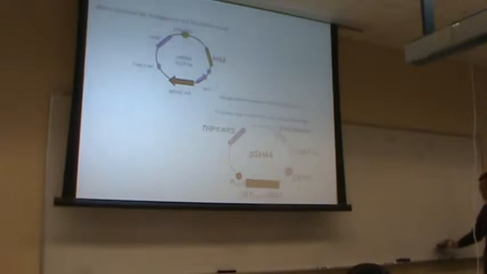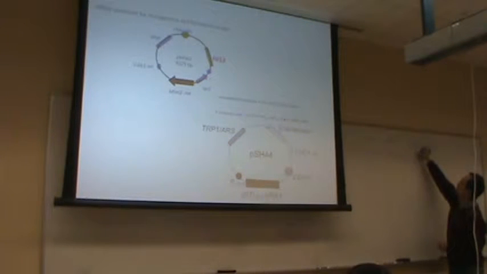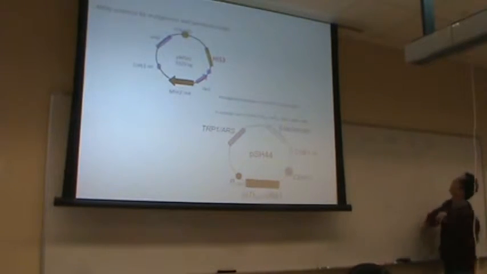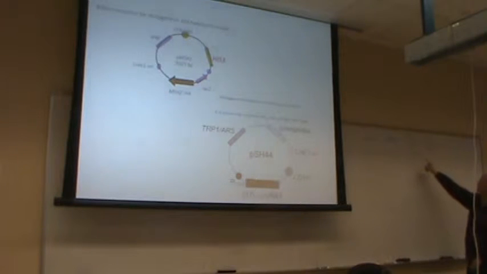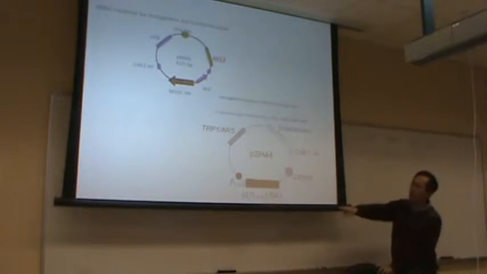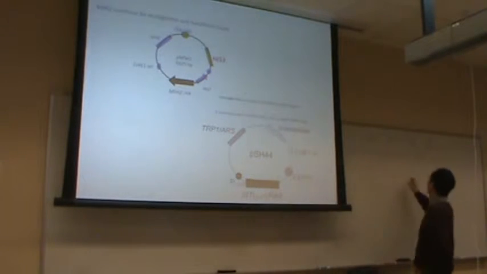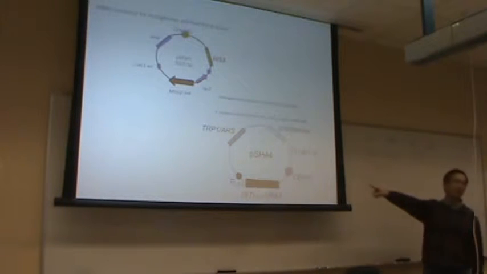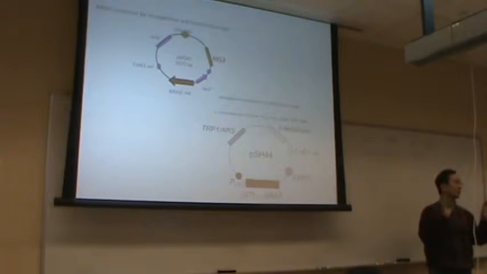So FOA is going to lead to this death. How could that happen? If we always have a functional URA3, if everything is perfect, FOA should always kill the cell. Sometimes we see a lot of colonies.